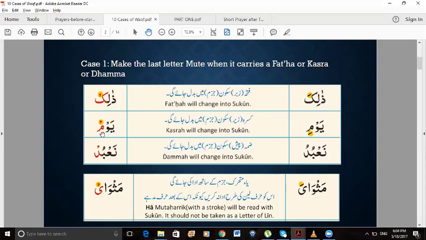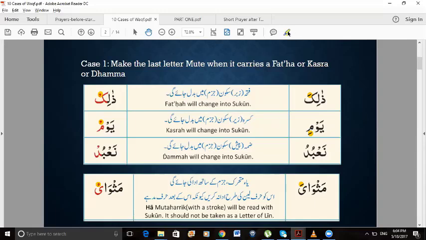You would make the last letter, which is the meem in this case, mute. So you would stop the sound right there at the meem, okay? So you wouldn't pronounce the kasra. Yawmi, yawm.